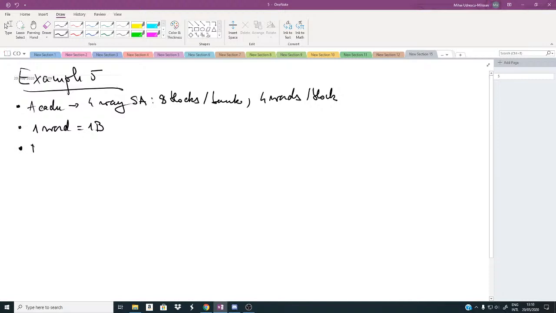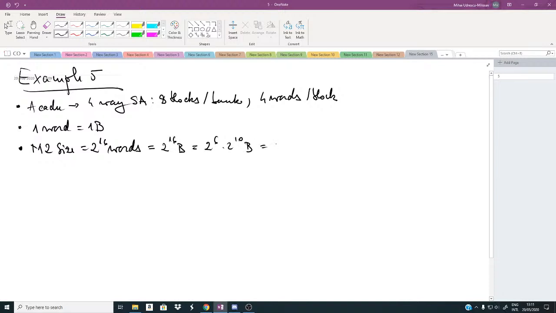The size of the main memory, so M2 size, is 2 to the power 16 words. Okay. But this is right. I said that one word is 1 byte, so it's 2 to the power 16 bytes, which means that it's 2 to the power 6 times 2 to the power 10 bytes.